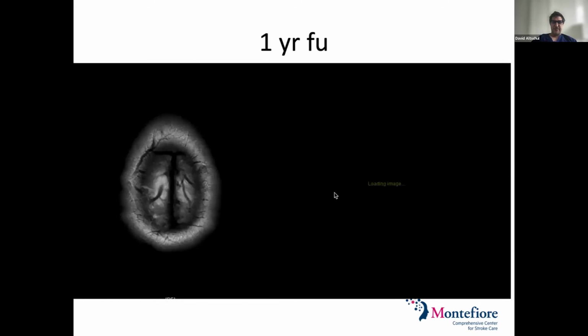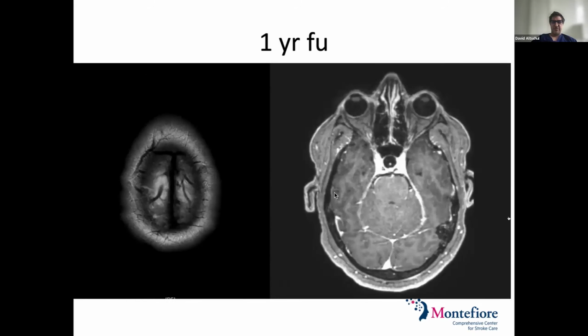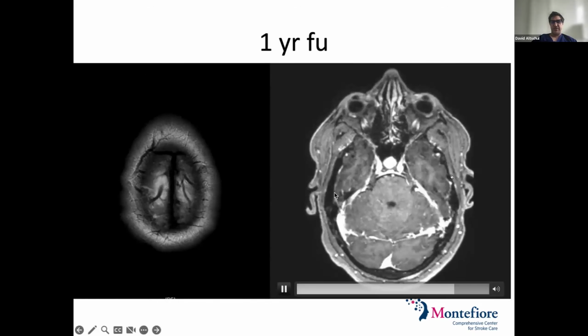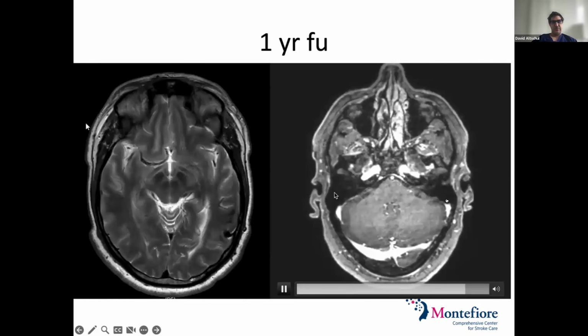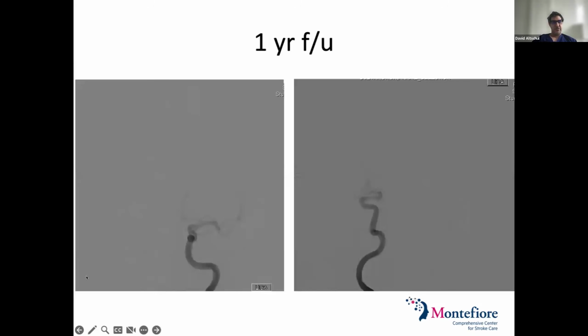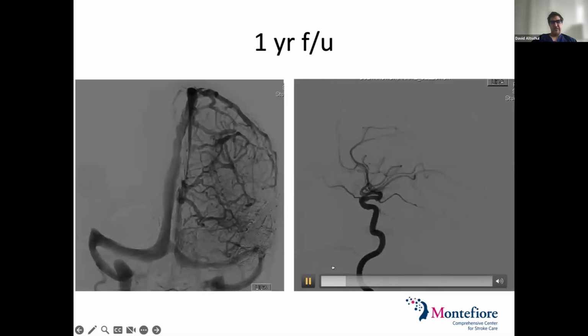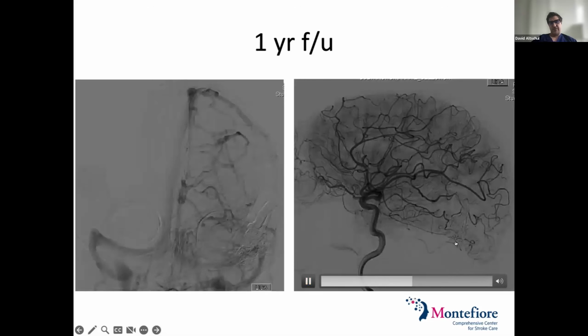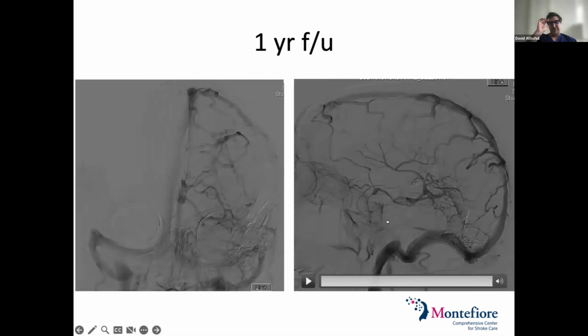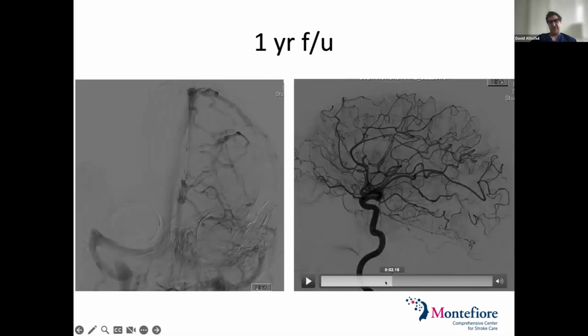And there was some question though, was there any residual? So we took him to angio just to check. This is 1 year follow-up, and there may be a small dural component here along the MHT. I don't know if you see that.